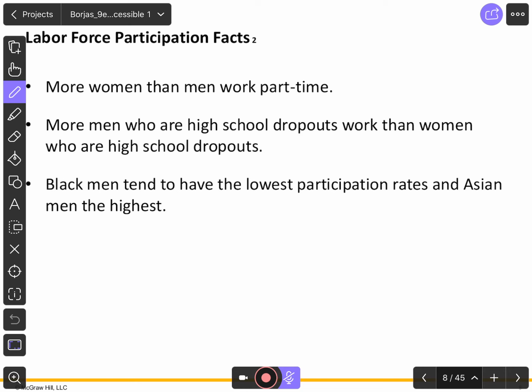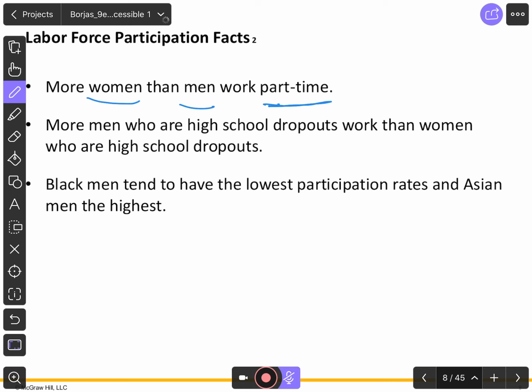Another important fact is that if we are talking about part-time, then we will see more participation of females than males. It makes sense because females, when they marry and or they have kids or they are taking care of elderly people, don't have that much time flexibility. So it's easier for them to have a part-time job than a full-time position.